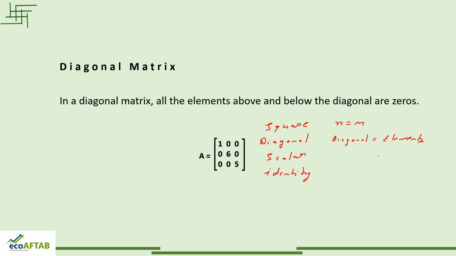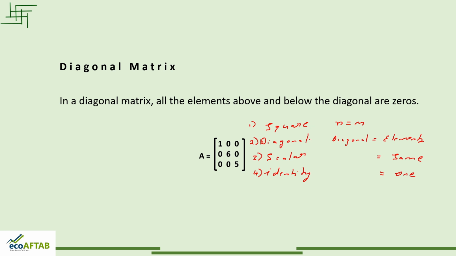In a scalar matrix, the elements are the same. In an identity matrix, the elements are 1. So, this is the difference between square matrix, diagonal matrix, scalar matrix and identity matrix.